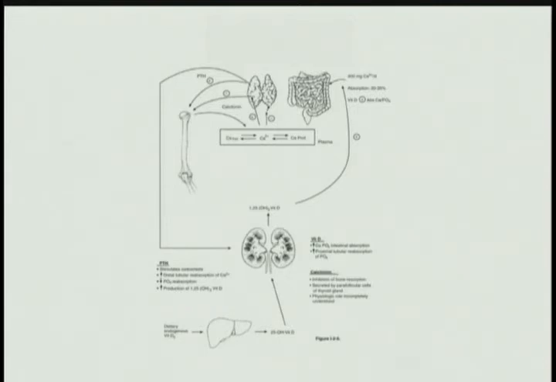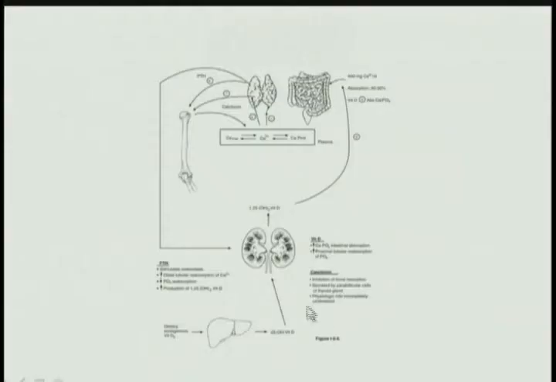So vitamin D not only increases calcium in the serum, but it increases phosphate in the serum through reabsorption in the kidney. Remember, parathyroid hormone does the opposite. It increases calcium in the serum, but it decreases phosphate in the serum. This is very, very important in terms of assessing causes of hypocalcemia. Very important point.